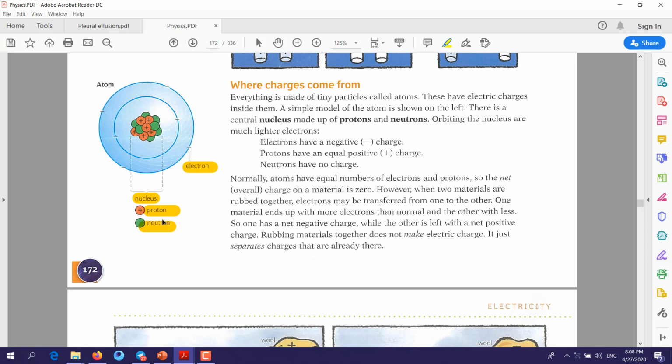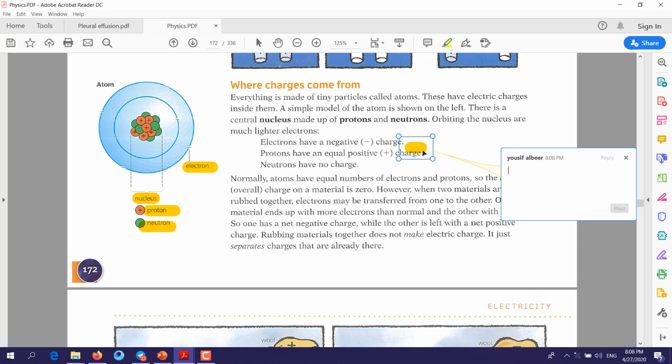So before rubbing it, what is the electric charge of it? You will say it has no charge. Why does it have no charge? Because the number of electrons is equal to the number of protons. If we represent it as math, let's take this example. Let's say you have three protons.